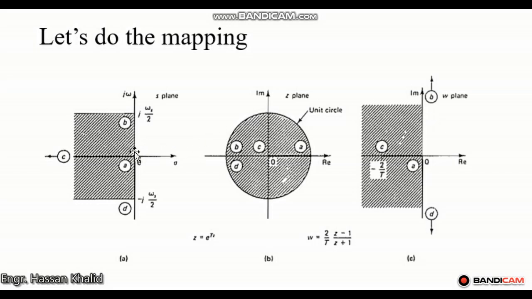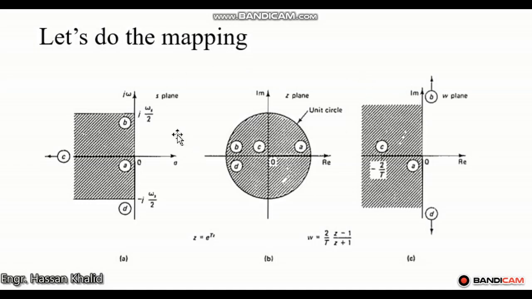It's also clear that the S plane movement from A to B is similar to that of the omega plane, but the only difference is that we have moved only a primary strip in the S plane from 0 to omega s by 2 along the imaginary axis, but in the omega plane we have taken a step from 0 to plus infinity along the imaginary axis.